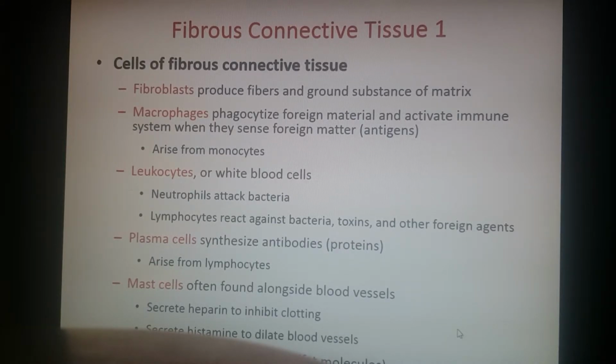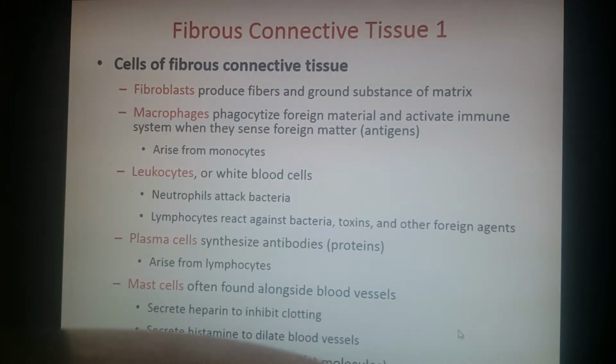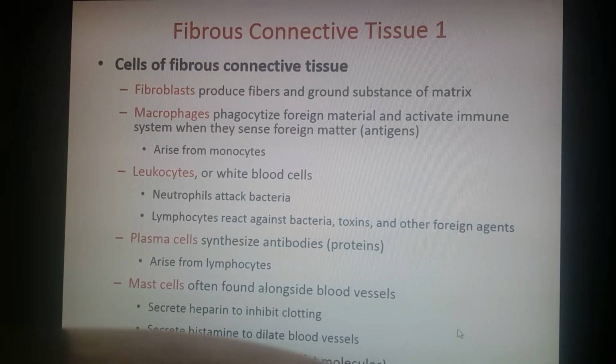Once they come in contact with some kind of pathogen, foreign cell, or foreign debris, basically realizing that the glycocalyx on the outside surface doesn't match the glycocalyx of the cells that should normally be in that body, they will phagocytize them. They will eat up that foreign matter, take it inside the cell, and help to break it up.